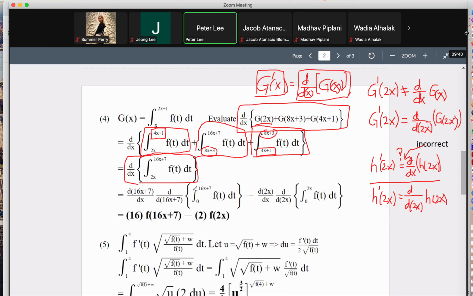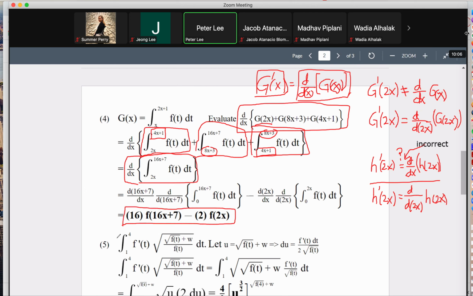It should be really from 2x is 0 plus 2x is 0 to 16x plus 7. So we subtract this, apply the negative property of definite intervals, and then you get that. And then this is how you write it. And then apply the chain rule, and then the final answer comes out with this right here.